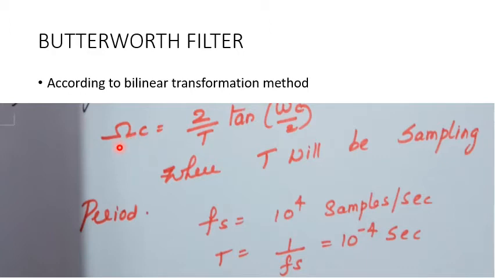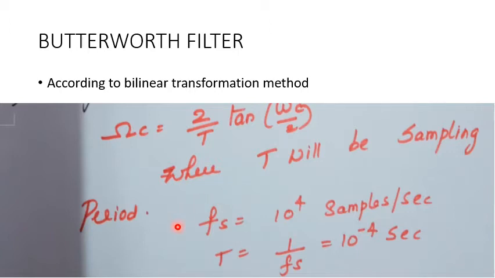This omega represents the digital frequency and that omega represents the analog frequency. The analog frequency is equal to 2 by T tan omega c by 2, where T is the sampling period.